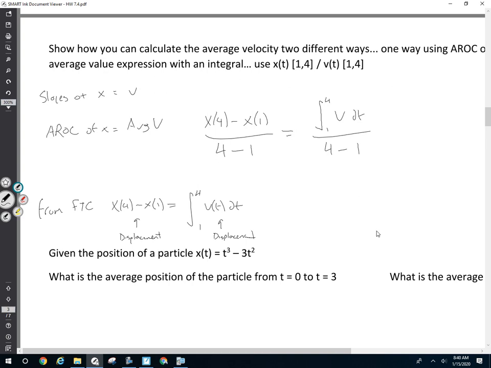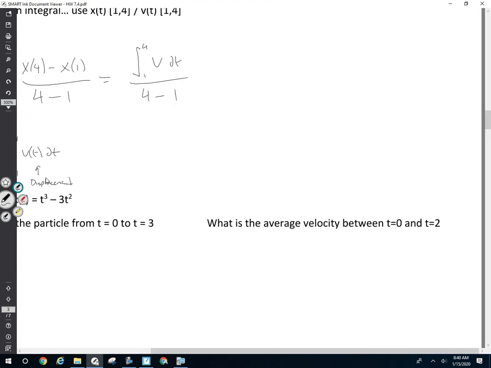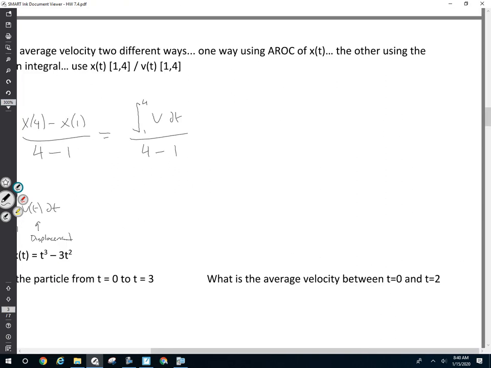Now, what's important is that with an average of something, and we also talked about this in a non-theoretical way, you can look at the area, which is almost in a sense like summing up all of the values of whatever you're looking at, and then divide it by the interval. This is not theoretical. It's just a decent way of understanding average.